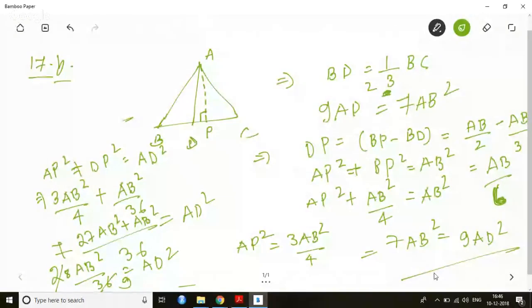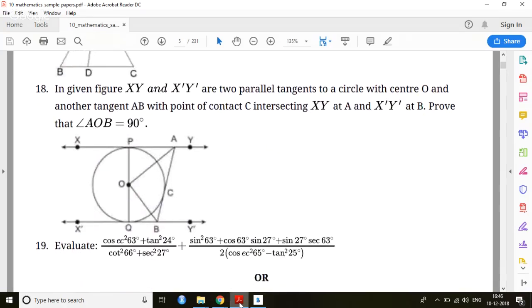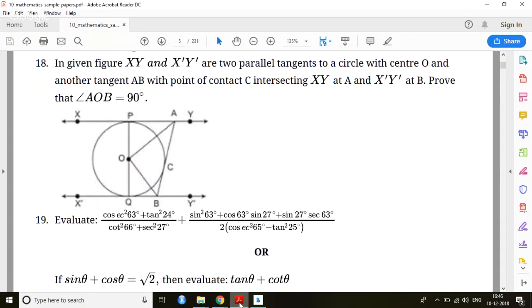So now we will solve other questions. So solve from question number 18. Solve question number 18, then you have question number 19.